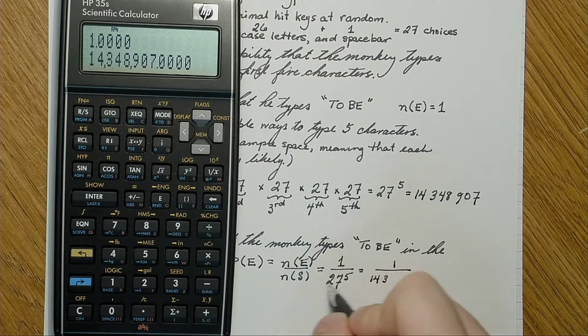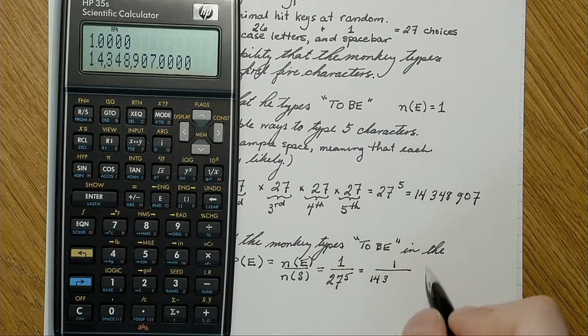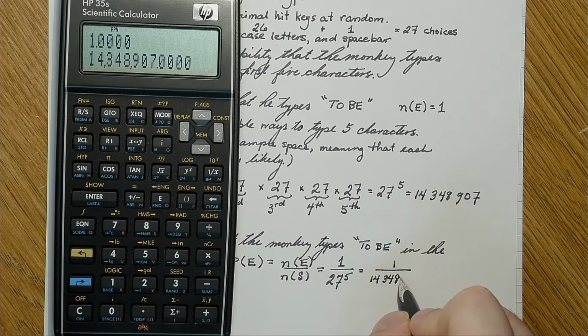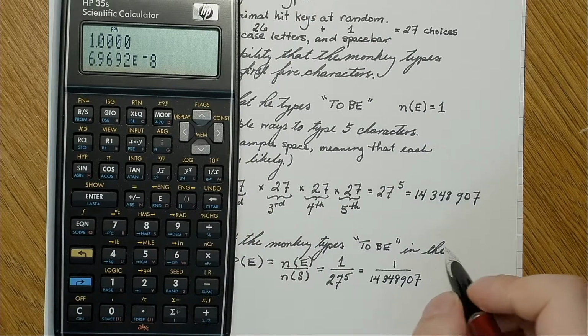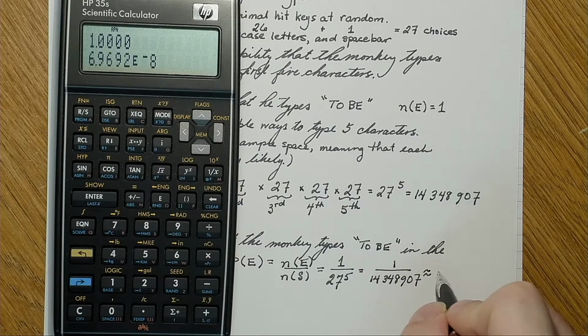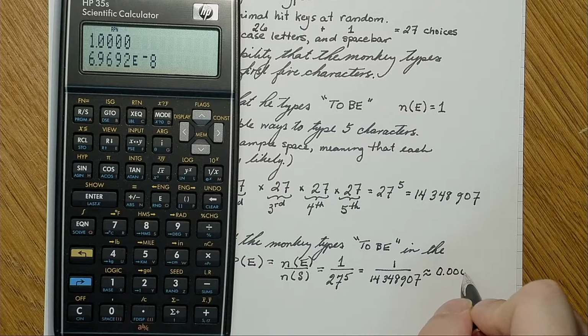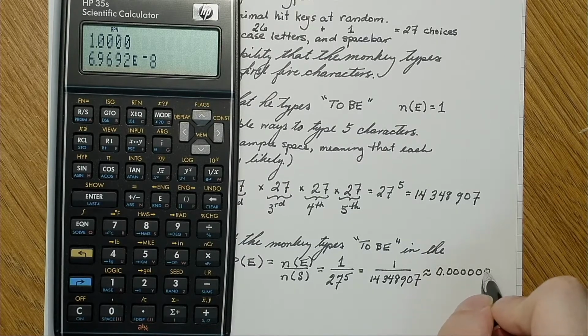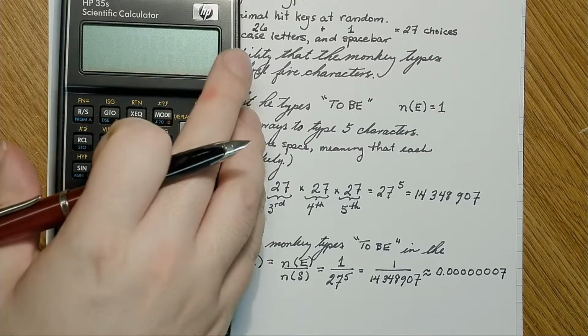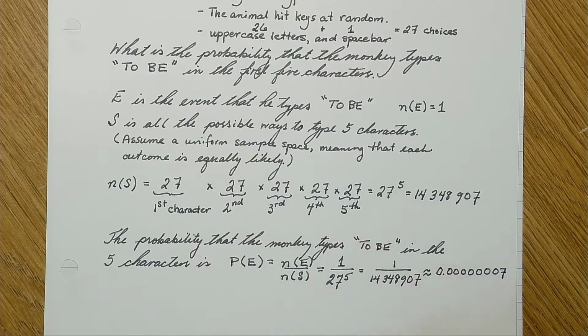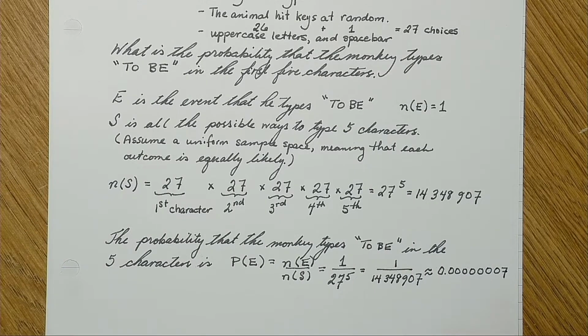If we're on a test, I would be expecting something like 1 over 27 to the 5th, which is a very, very small number, approximately 0.00000007. So a very, very slim chance.